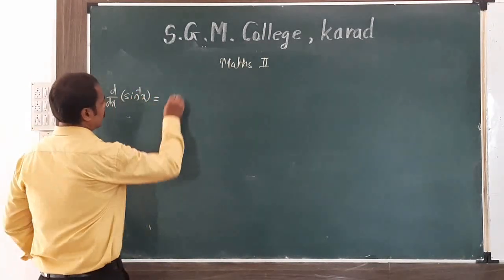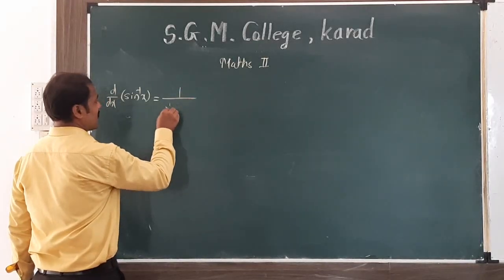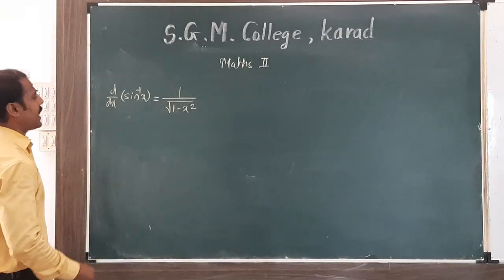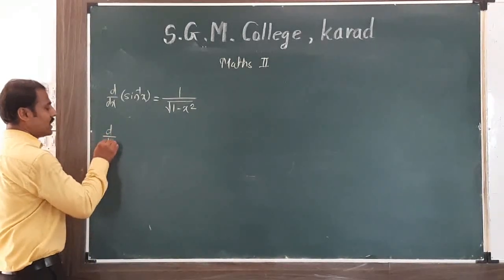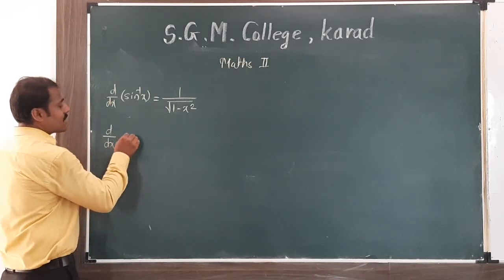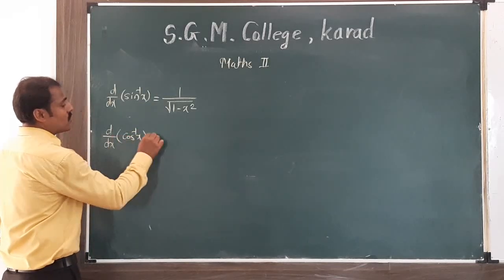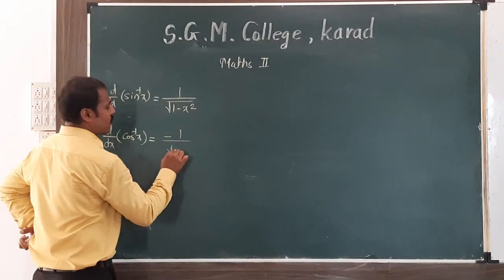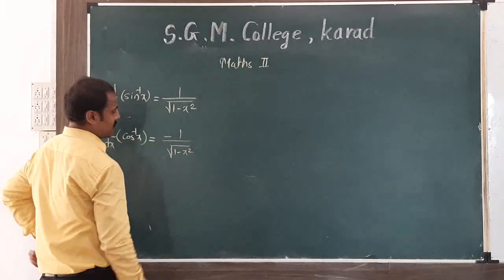It is 1 upon square root of 1 minus x square. Also we know that d/dx of which function? Cos inverse x, which is equal to minus 1 divided by root of 1 minus x square.